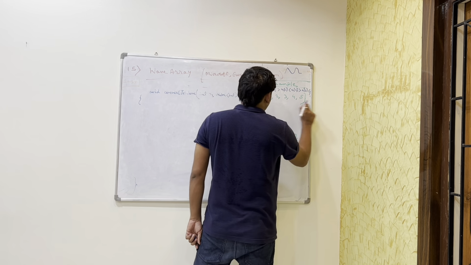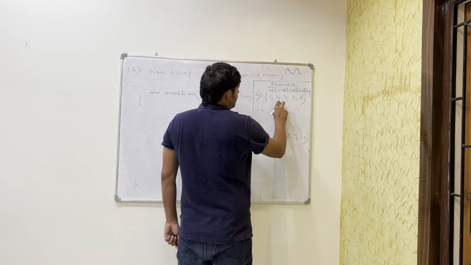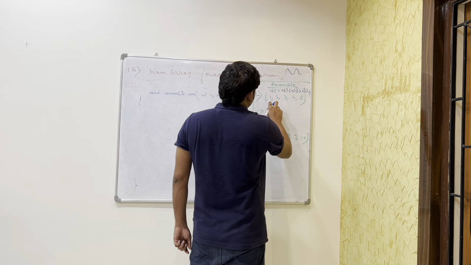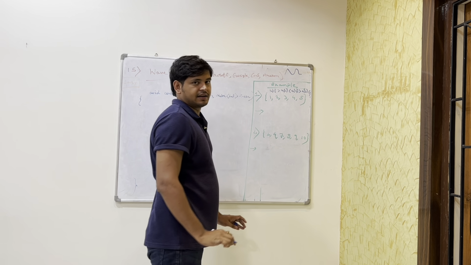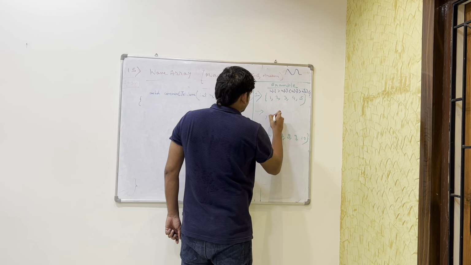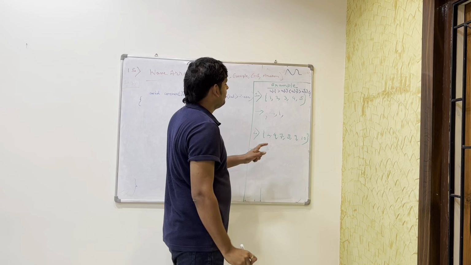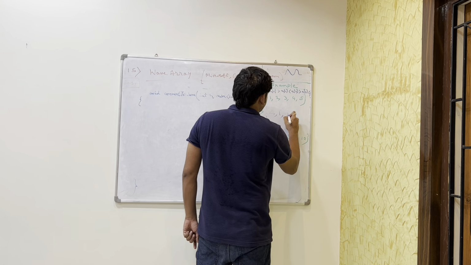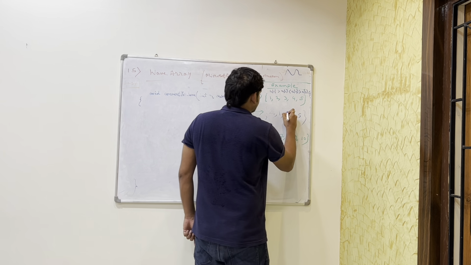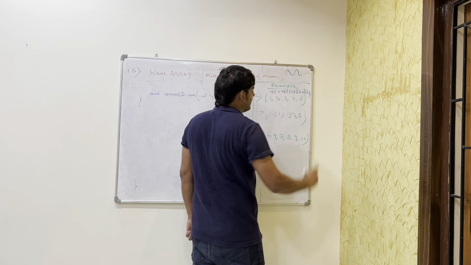For this example 1 2 3 4 5, we see that 1 is smaller than 2, which we don't want. We want the first element, or the 0th index element, to be greater. So we will change it: this will become 2 and this will become 1. Now if we write 3 4 5, does this satisfy our condition? 2 is greater than 1, 1 is less than 3, but 3 is again less than 4.